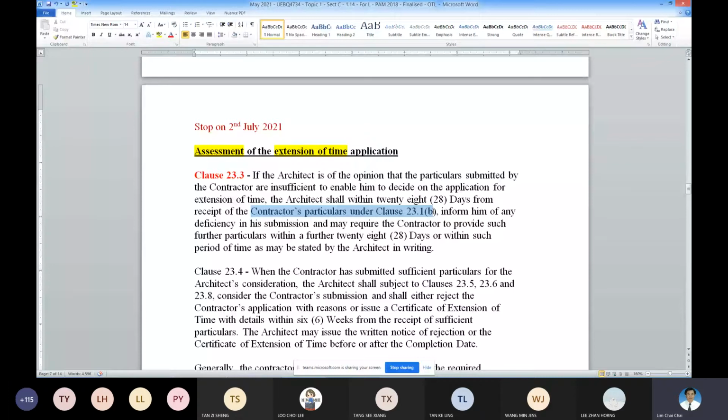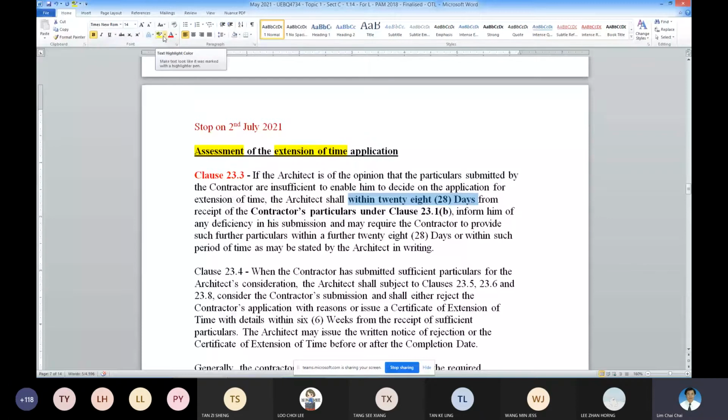That is, the contractor submits everything within the 28 days required after the end of the activity. Be careful, 23.1b is at the end of the activity. Contractor must submit within 28 days.